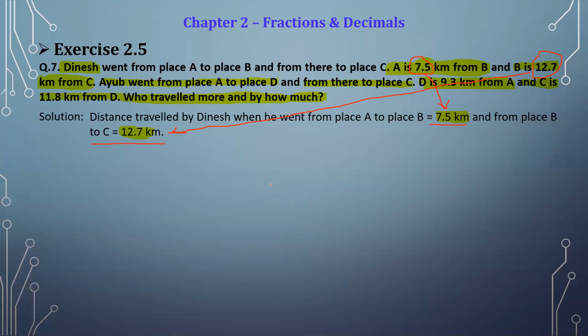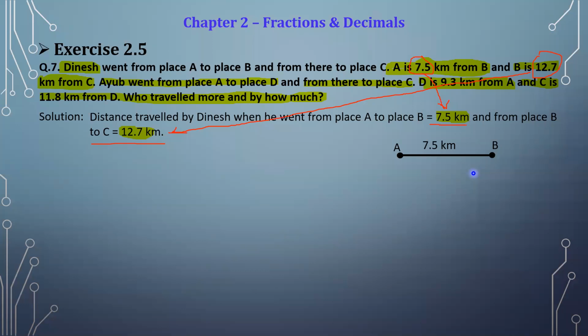Now if we consider this diagrammatically, first we consider A to B. Dinesh went from place A to place B. Here he is moving from place A to place B, and the distance traveled is 7.5 kilometer, according to the example.